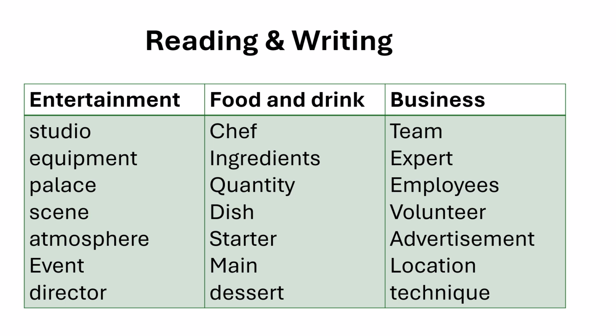Okay, so next one. Now here, this is the writing task and the reading topics. Here your themes for the exam are the themes given here: entertainment, food and drink, business, and here you can find some of the vocabulary related to these themes.